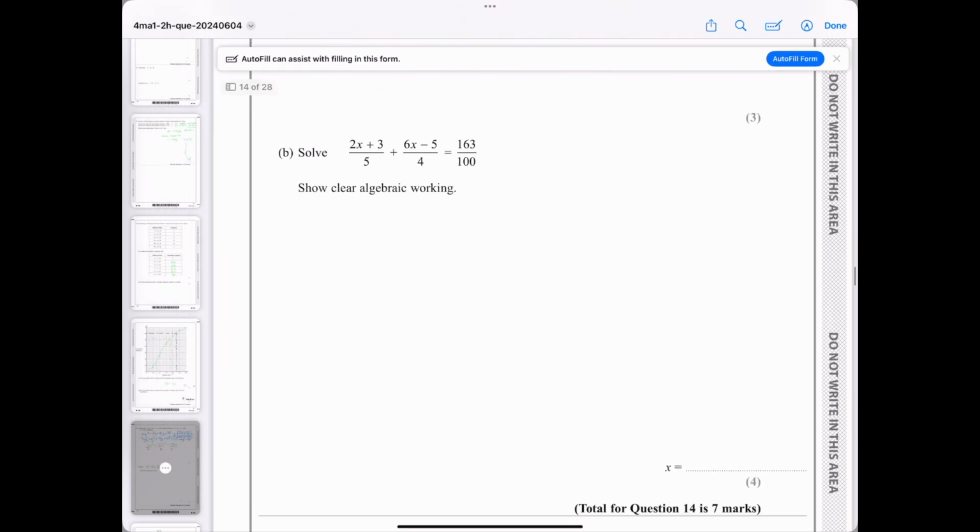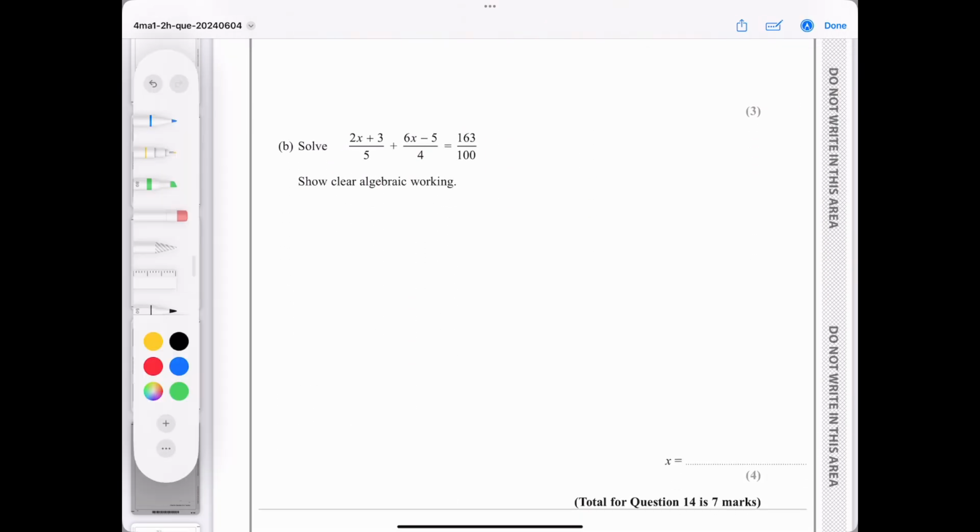And finally, let's do this one. Solve. We have an algebraic fraction, but we've got an equals, so it means we can find out what x is. So let's find a common denominator for the bottom. I suppose I could just make it 100. Should we just make it 100? Okay. How many times does 5 go into 100? 20.